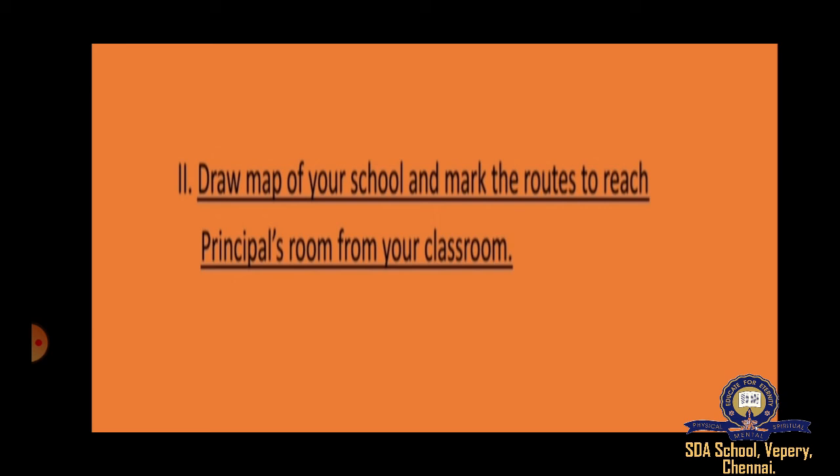You have to draw a map of your school and mark the route to reach the principal's room from your classroom. From your classroom to the principal's room, how you will be going. So you should learn. Already I have given that in WhatsApp, how to draw and all.